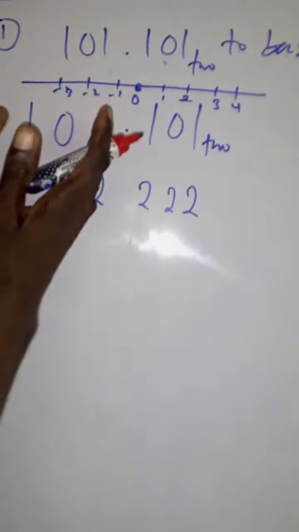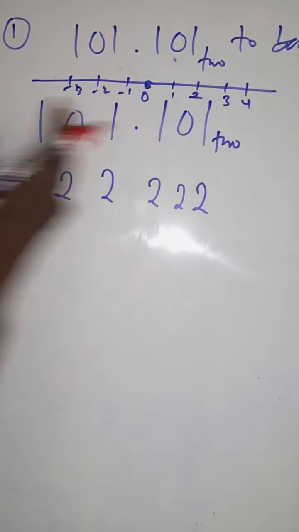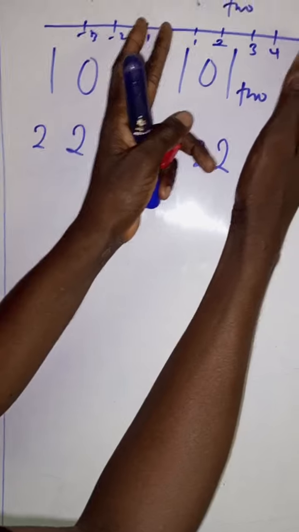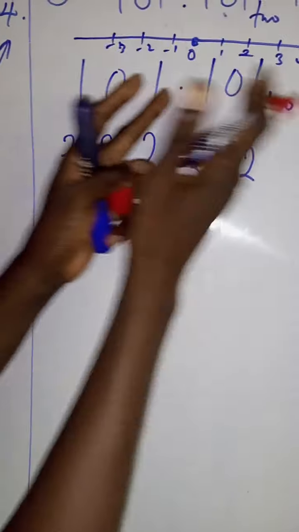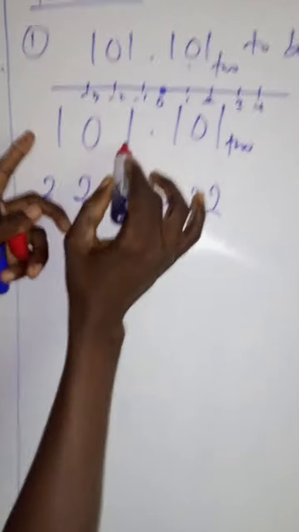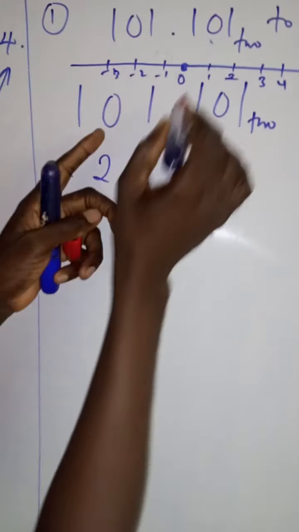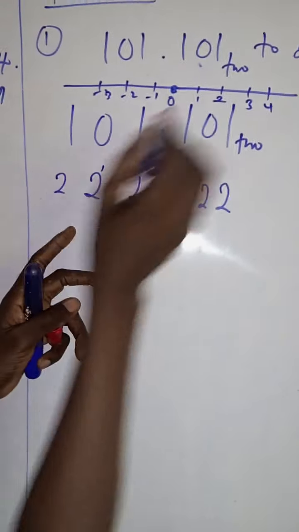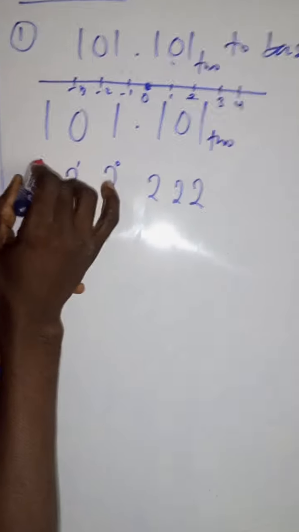Now, this is our main number. This is our positive. Our positive is at this side now, so we follow this rule with it. Then our negative is at this side. We follow this rule of negative with it. So here I have power 0, power 1, power 2.